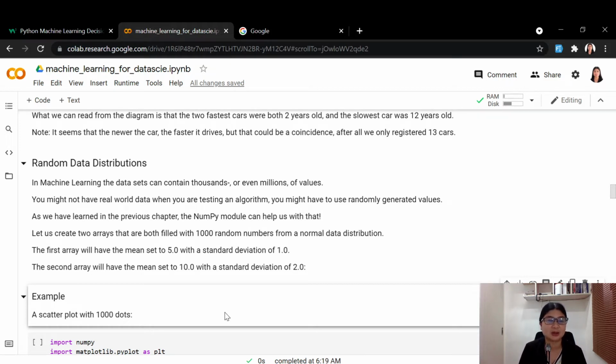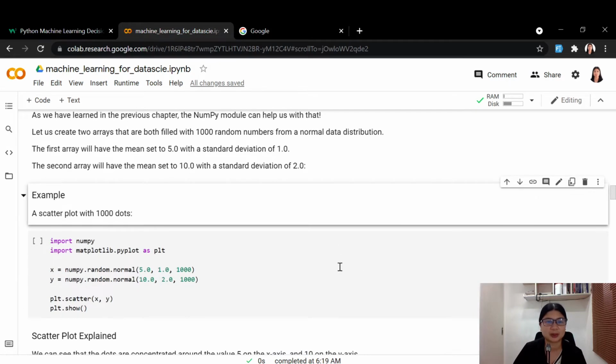So let us create two arrays that are both filled with 1000 random numbers from the normal distribution, data distribution. The first array will have a mean of 5.0 and a standard deviation of 1. The second array will have a mean of 10.0 and a standard deviation of 2.